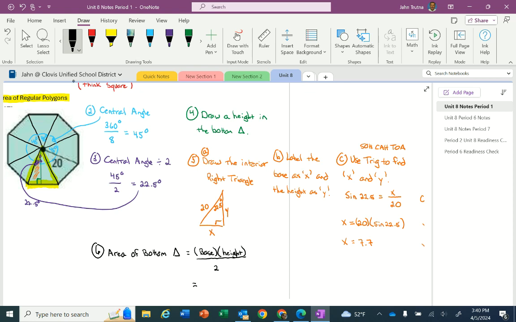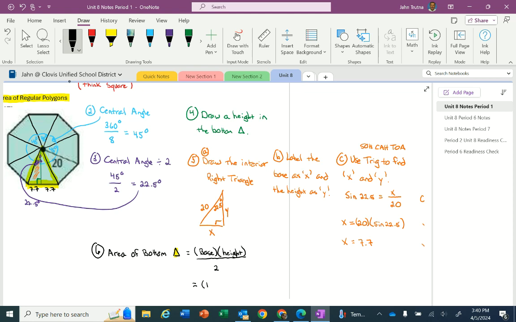In the bottom triangle, the triangle that I have highlighted in my picture, the bottom of the triangle is double x. It's x and x. So if x is 7.7, then the bottom of that triangle is 7.7 plus 7.7, and that is 15.4.